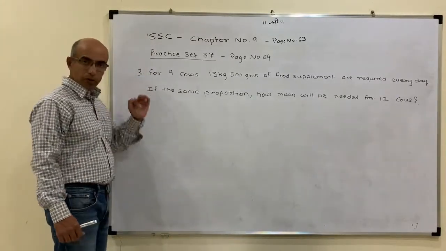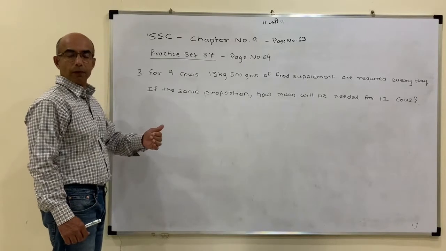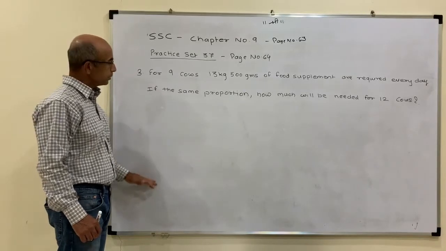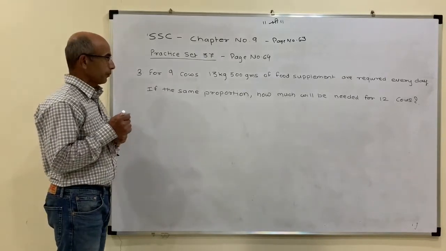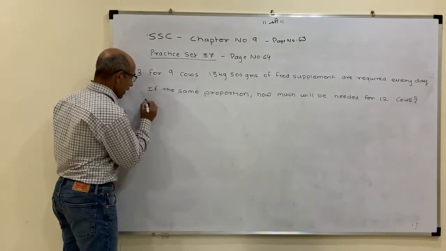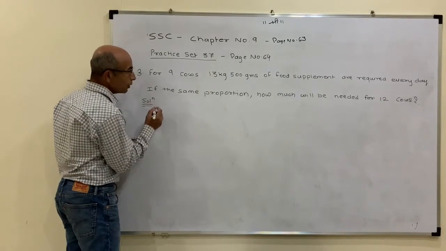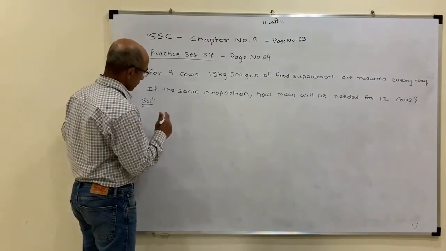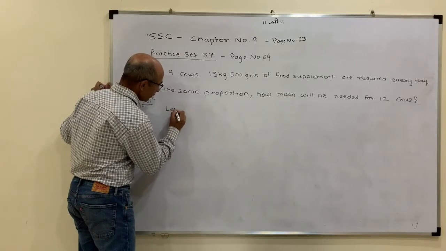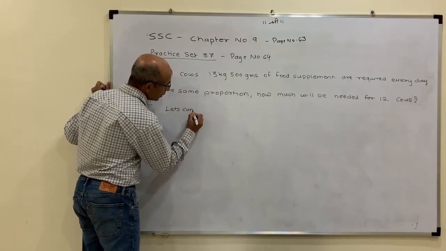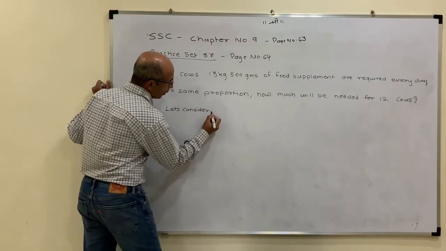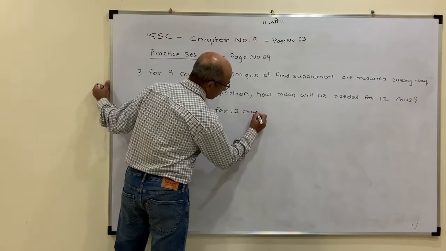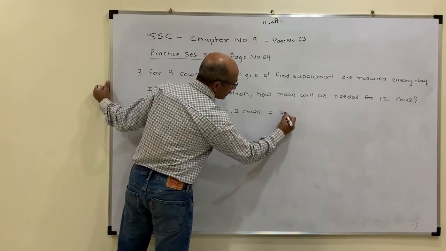Again, you can pause the video, solve it yourself, and once you are done, play the video and compare not only your answers but the steps with mine. So first, as usual, consider what is to be found: how much will be needed for 12 cows. So let's consider, for 12 cows, x kg needed.